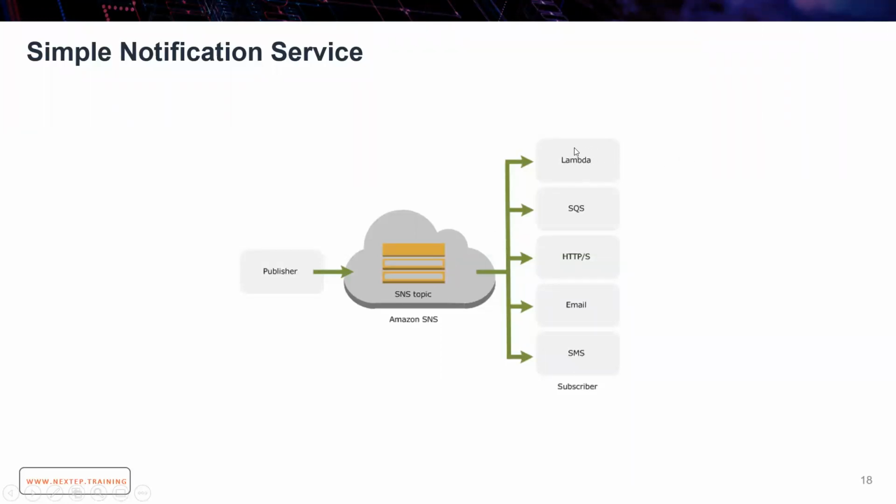It can be a Lambda function, a simple function that's deployed out there, or a queue service called SQS, Simple Queue Service, or an HTTP endpoint. It will call your REST endpoints, or push an email notification, or send an SMS message.